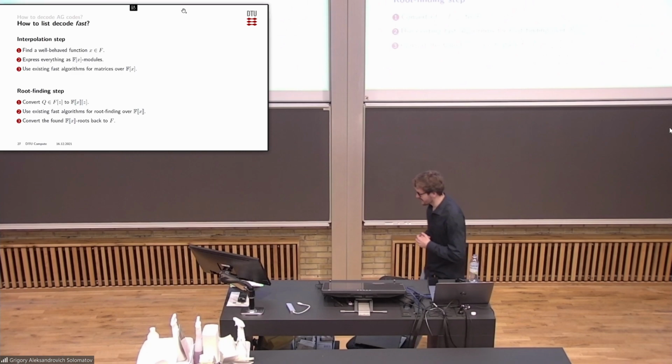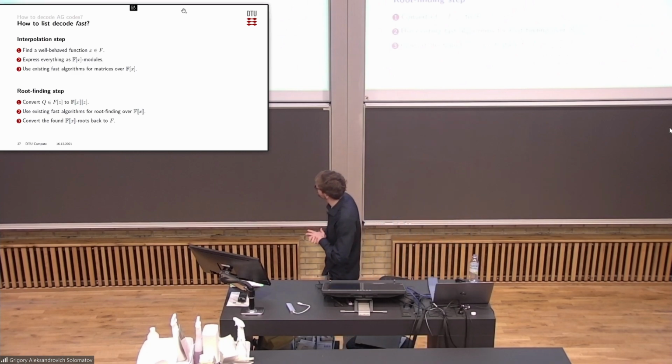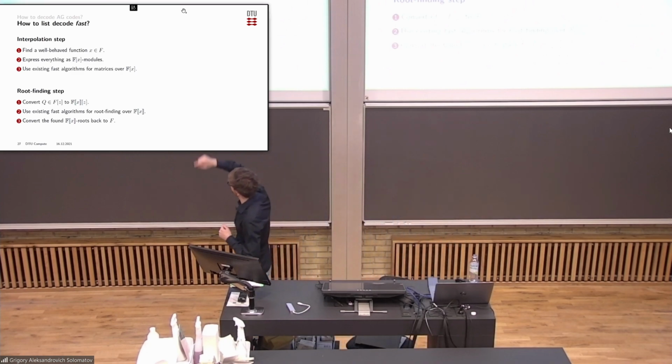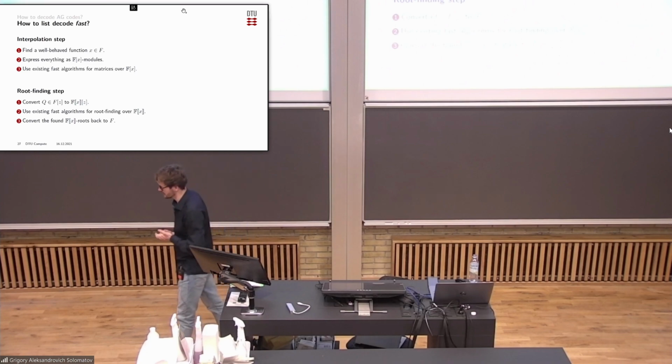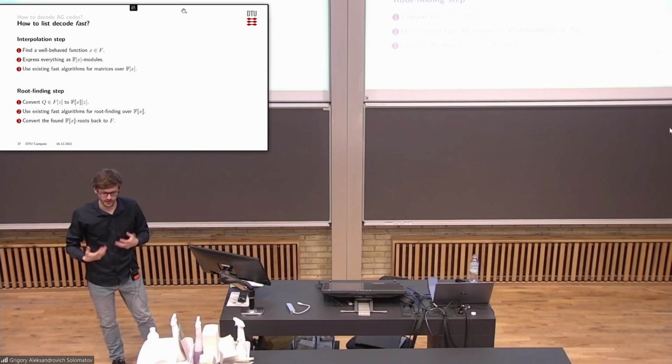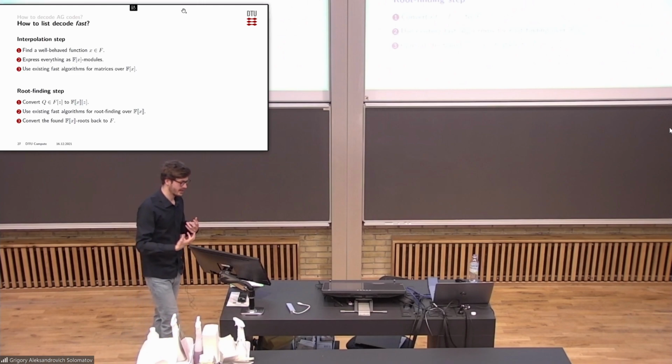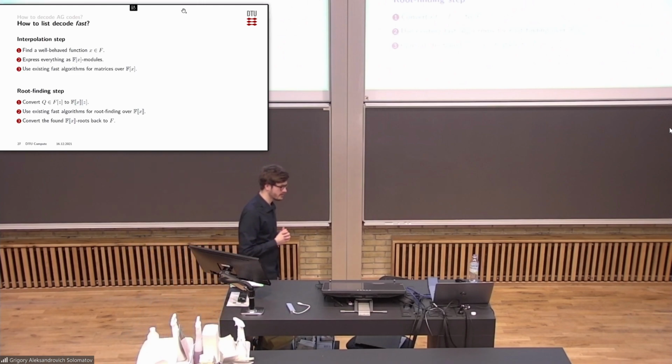So supposing that we have such a function x, I've said that x belongs to this letter F, the set F, which represents our function field. It's the set of all functions on our algebraic curves.